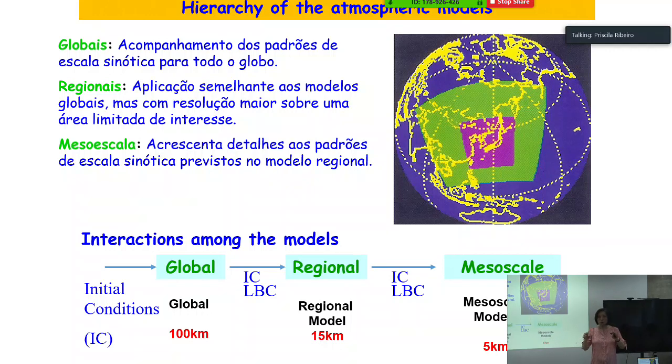A global model will reproduce the climate or the weather state globally. Then you have what we call regional models, when you choose a large region, like a continental scale. But they're driven by the global models.